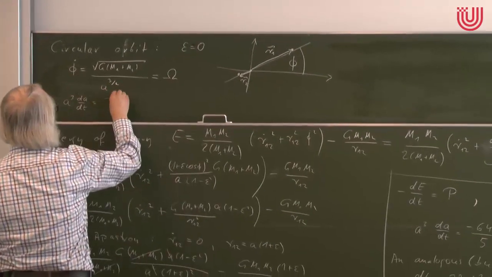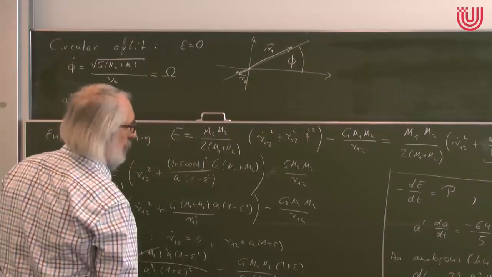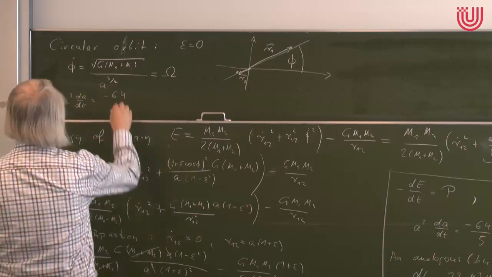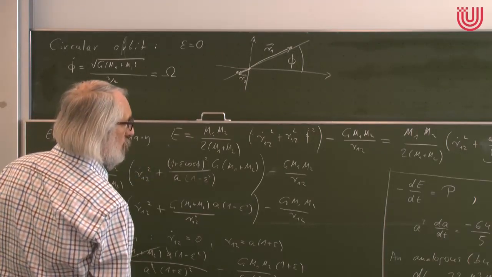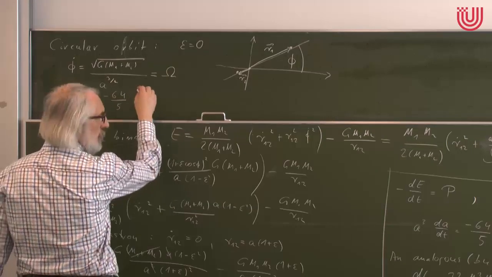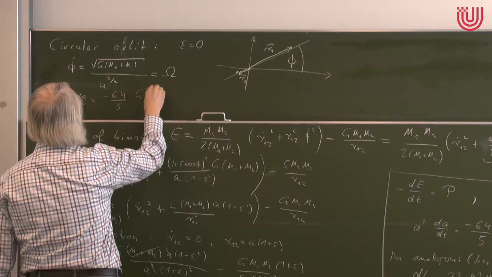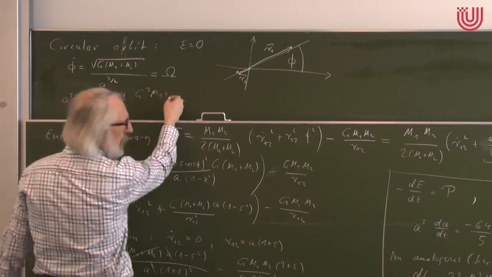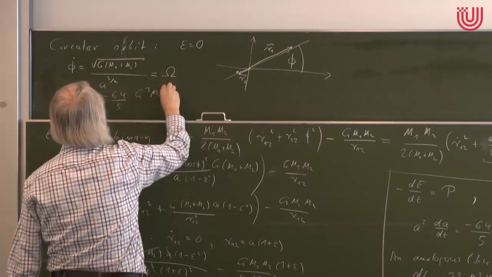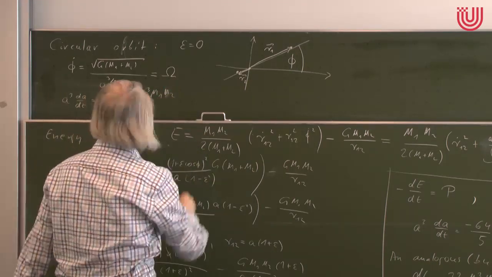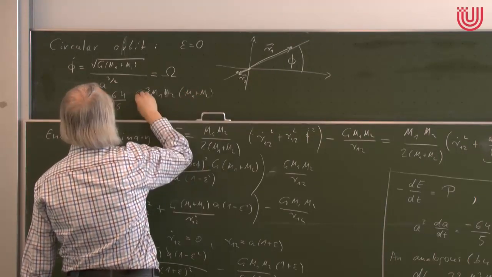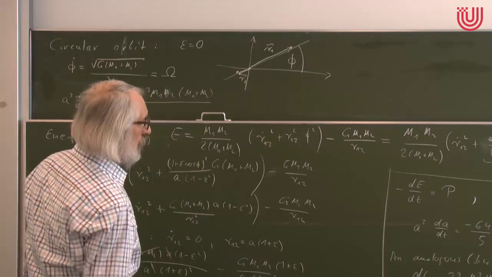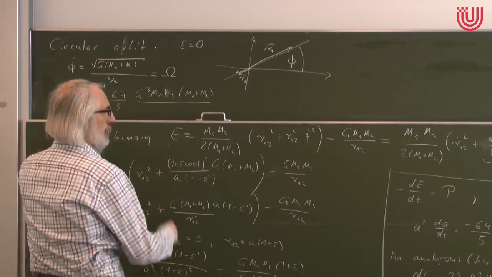So I have minus 64 over 5, G cubed m1 m2 times m1 plus m2, and here I have c to the 5.